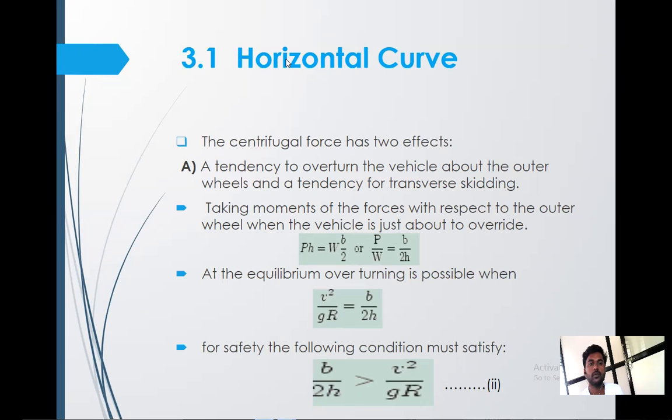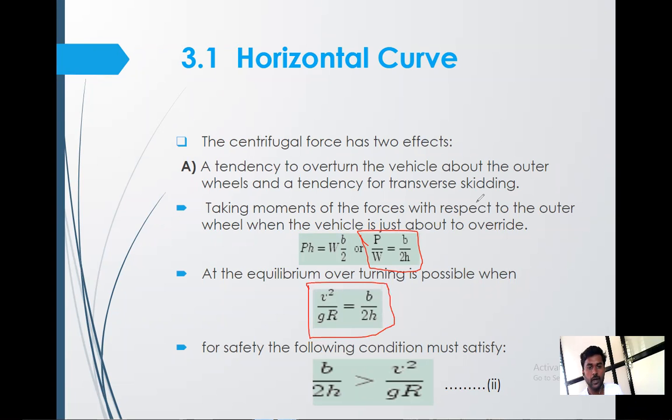If you have not written, please write down this formula. P by W is equal to b by 2h. Okay, very important formula. P by W is equal to b by 2h. Then we know P by W is nothing but V square upon gR. P by W is nothing but V square upon gR.